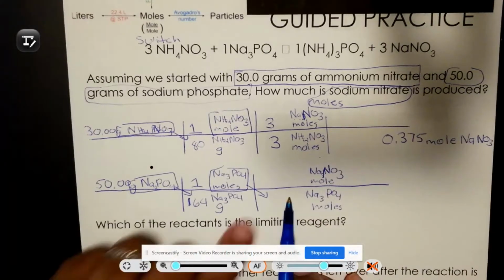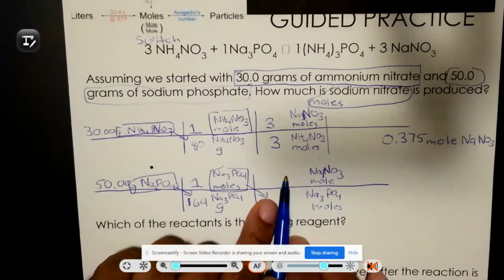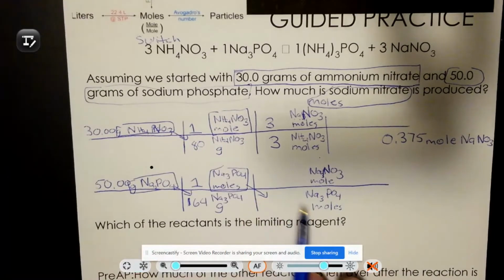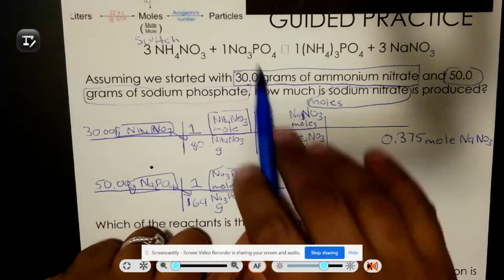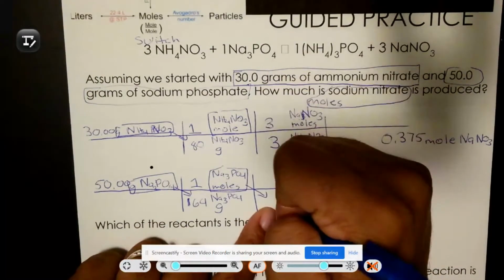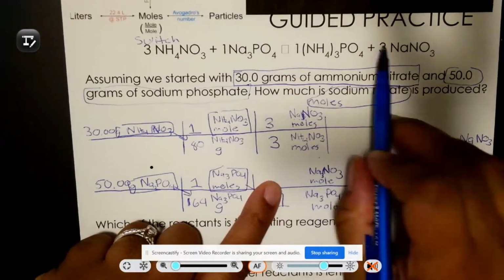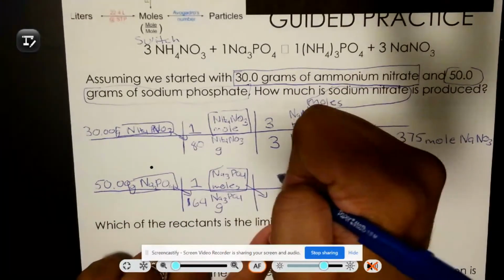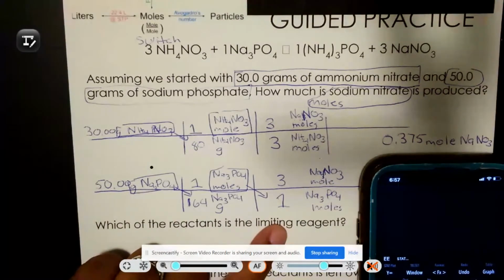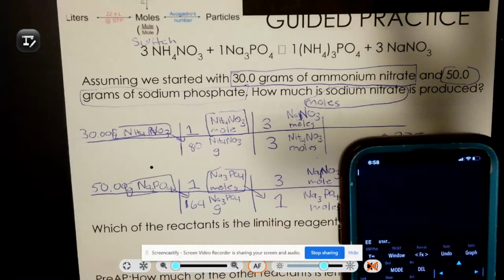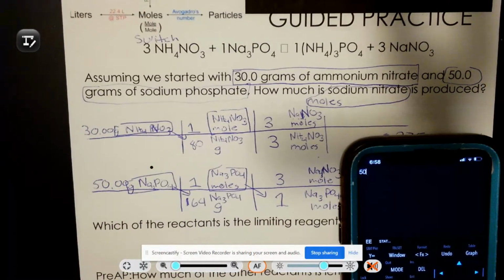So now whenever we're doing the switch from one element to another, we look at the coefficients. So our coefficient for sodium phosphate is 1. And our coefficient for sodium nitrate is 3. So now all we're going to do is plug these numbers into our calculator and multiply everything on the top and divide by everything on the bottom.